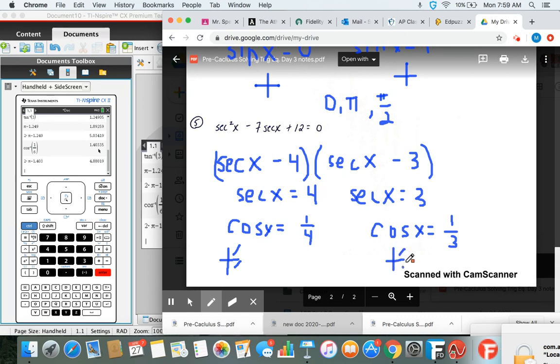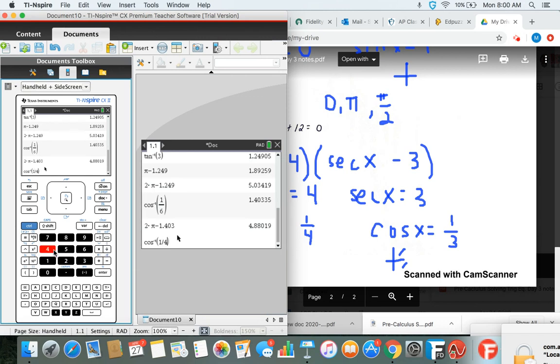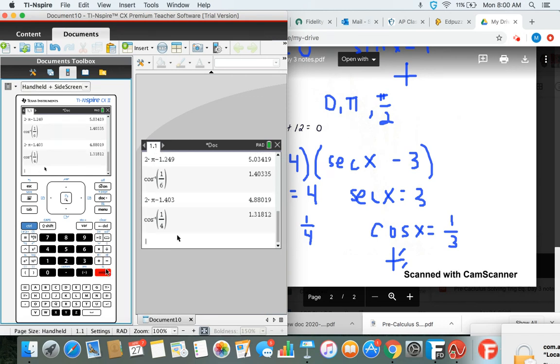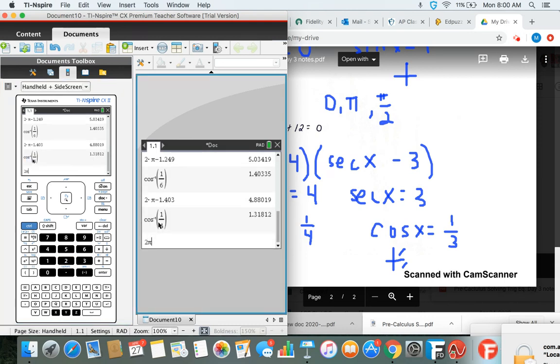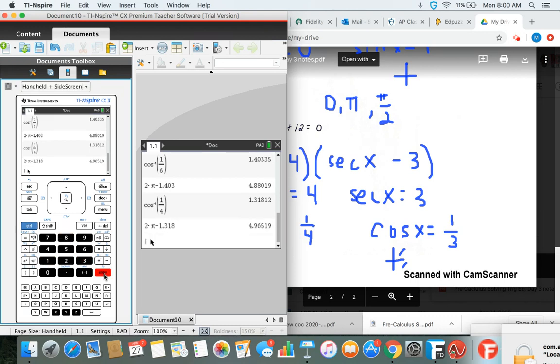All right, so we go to the calculator using inverse. Cosine of 1/4, that's my answer in quadrant 1, and then 2 pi minus that reference angle, which if we round to 3 decimals, will make it 1.318. Bless you.